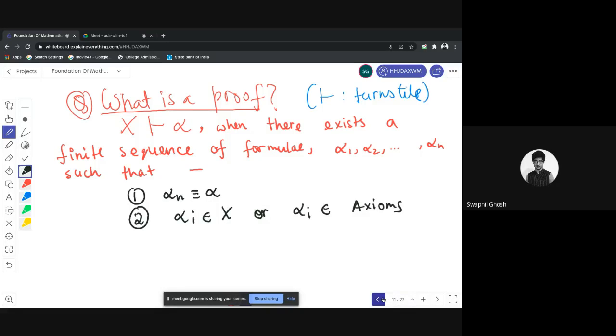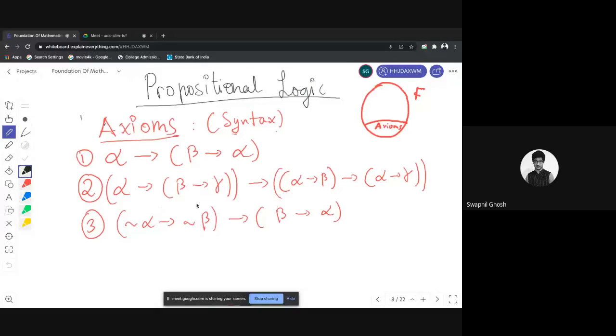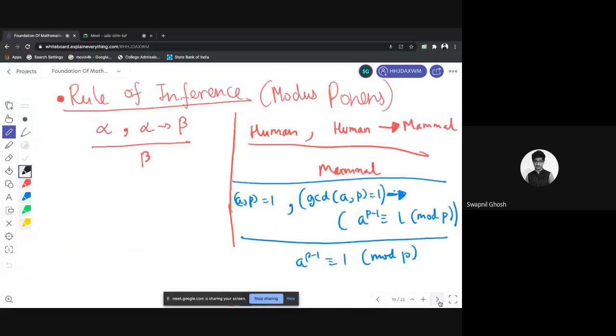What I'm doing here is taking these 3 axioms and constructing a set which we call axioms. We are putting these 3 formulas inside the set. So that's what we mean by the set of axioms.